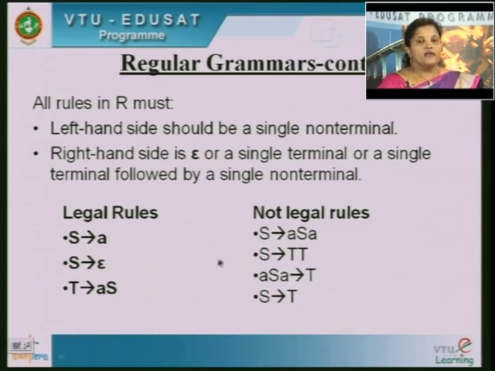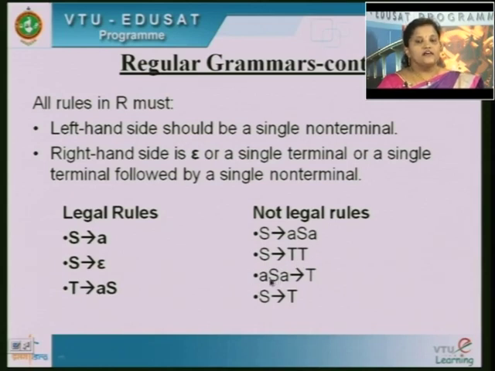These are not legal rules. For example, a rule like S derives ASA is not allowed, because only aS it can have, afterwards again it cannot have a terminal. And S derives TT, that means two non-terminals are not allowed on the right hand side.